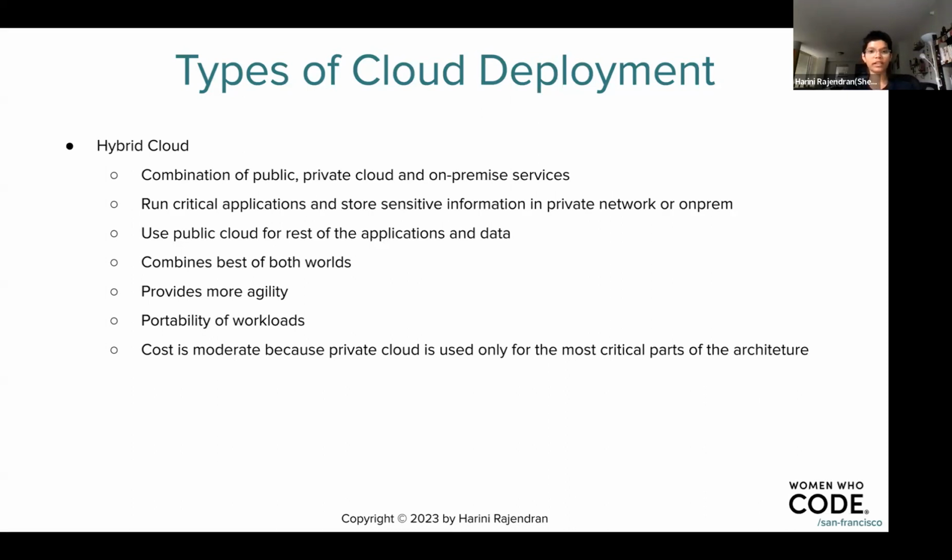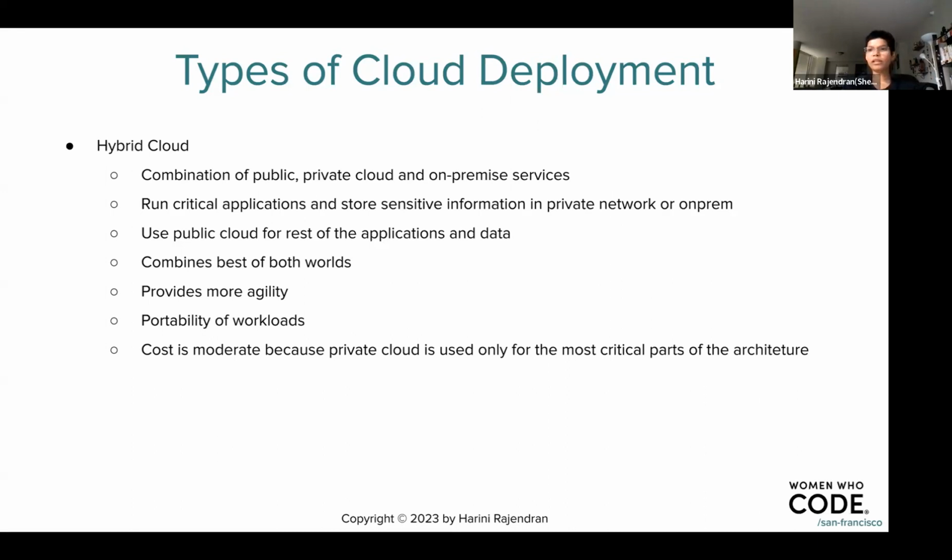Even if you lose everything, even if an earthquake happens and all your servers are crushed, you would still have a backup somewhere in the cloud, in private cloud, in some other region, so that all your data and application and everything is up and running. So that's another use case that I've seen where companies use this hybrid cloud model.